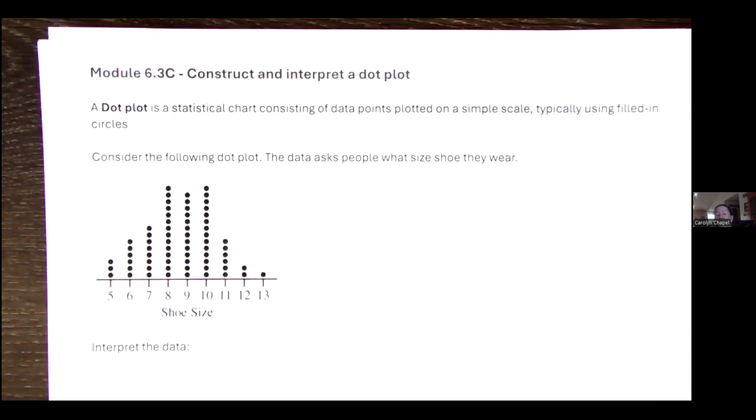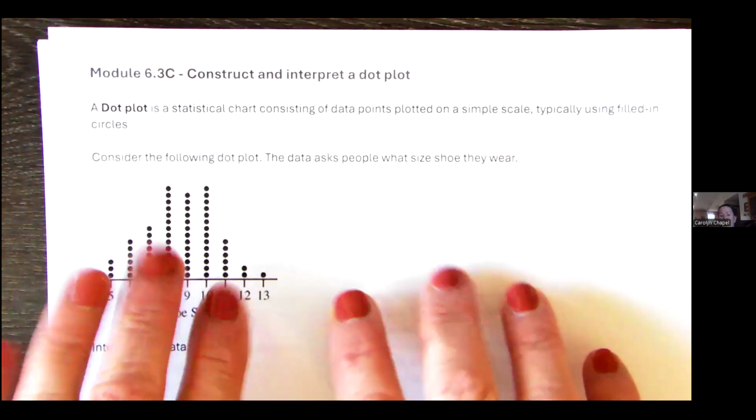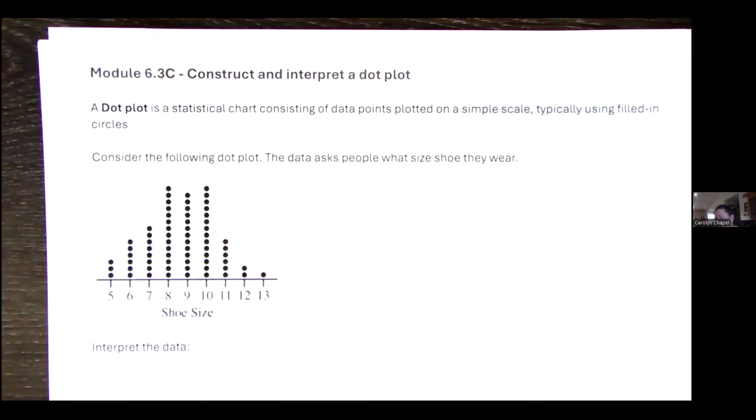If we were doing two data sets, if we wanted to compare two data sets, we don't put them side by side because that's kind of hard for us to see, like we did with the stem and leaf. And when we do a bar graph, remember we intertwined our bars one right next to each other for that specific category.